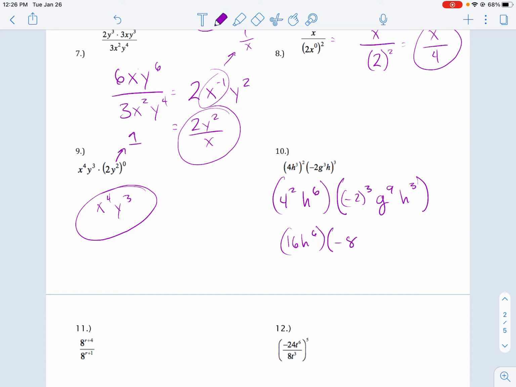This is going to be a negative 8, g to the 9th, h to the 3rd. And I have no idea what 16 times negative 8 is. So negative 128 h to the 9th, g to the 9th.